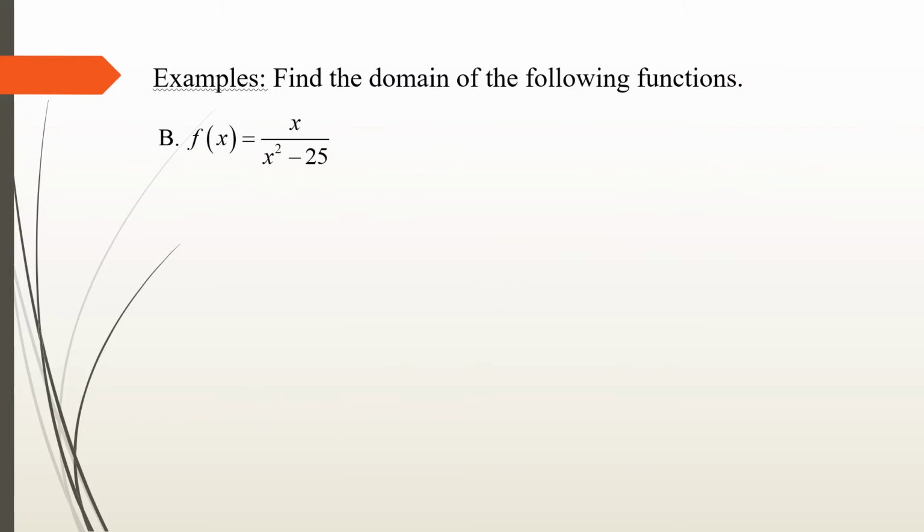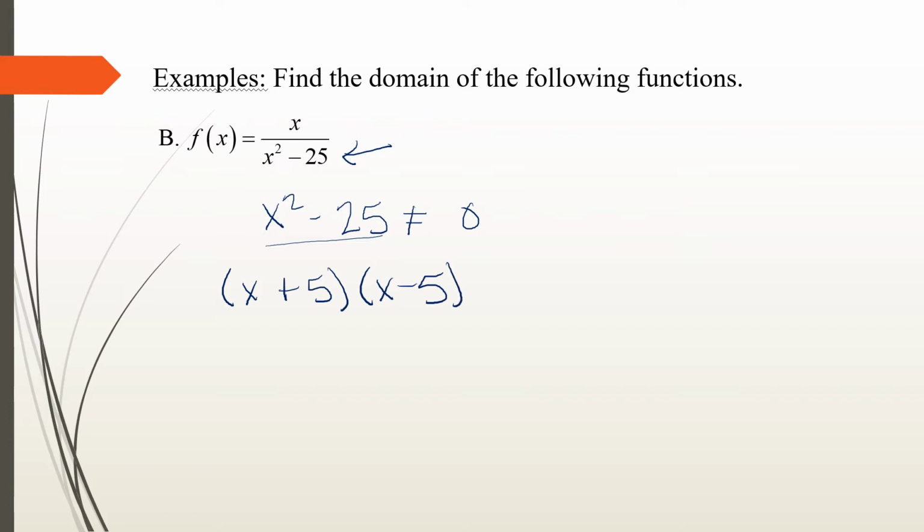Once again, we're just going to be looking at the denominator. So we're going to say that x squared minus 25 cannot equal 0. Well, this x squared minus 25 can be factored. So we have factors of conjugates, x plus 5 and x minus 5 cannot equal 0. So we have to include that neither of these factors can equal 0.